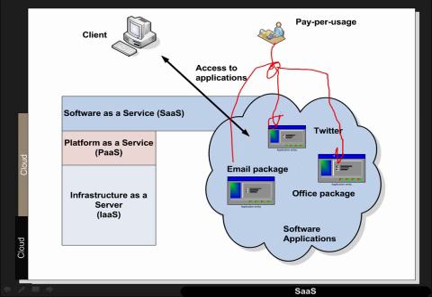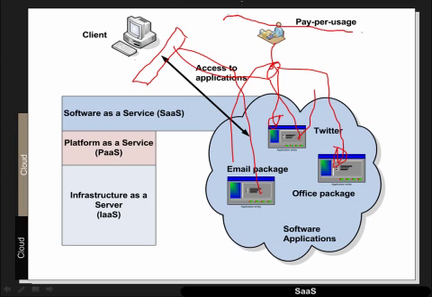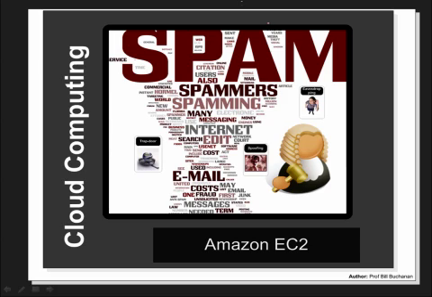We can have Office packages and applications such as Twitter, and in this way we get an application web interface and the user can design their own software around this. Again, we look at a pay per usage type basis for this.